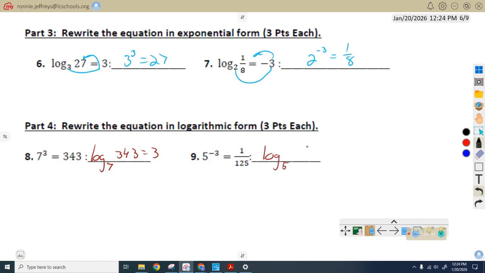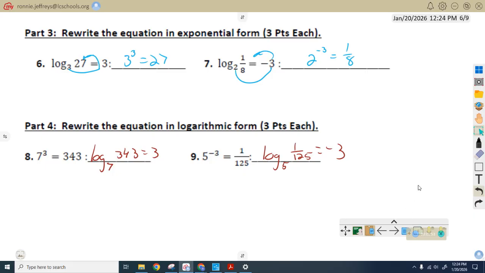Log base 5 of 1 over 125 equals negative 3. Okay. I don't know what you would have to do, you probably put examples or something else, how you could do this one in your orange sheet.